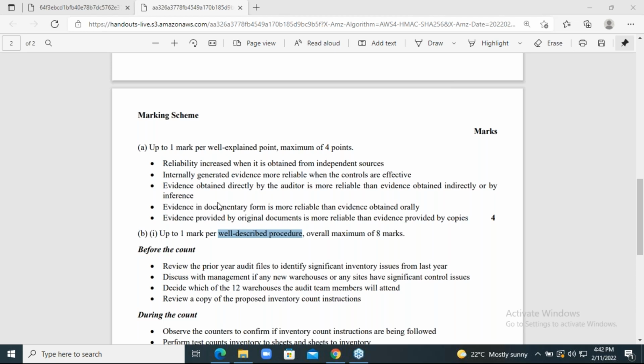There's a question from QH: can WIP be used during the count procedures? During the inventory count, there may be certain assets that are not completed yet.